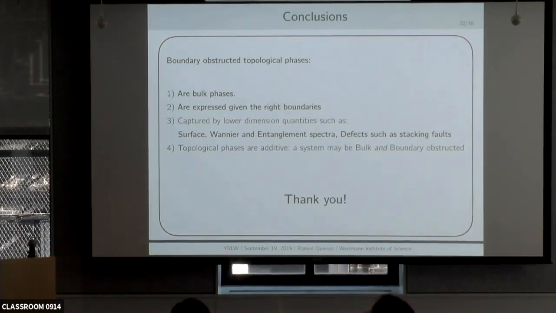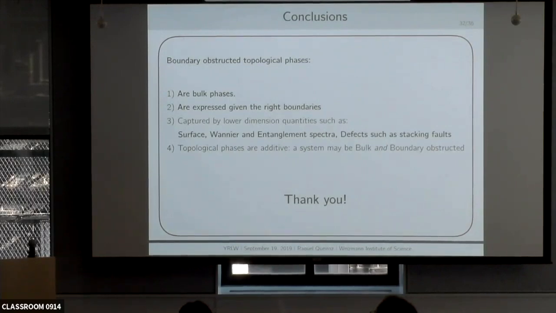And in terms of defining any quantity that would pick up on them, it would be something that cannot preserve the whole symmetry group of the bulk. So you will find the signatures of the boundary obstructions in the surface spectrum, in the Wannier spectrum, in the entanglement spectrum, or in defects that are going to necessarily break the translation symmetry that you have in your bulk.